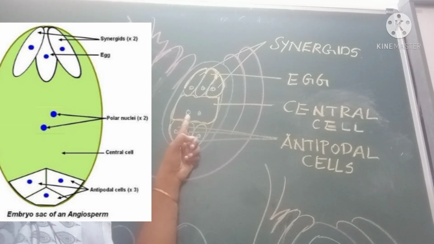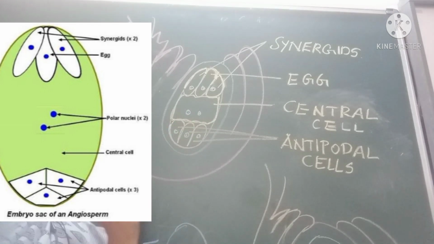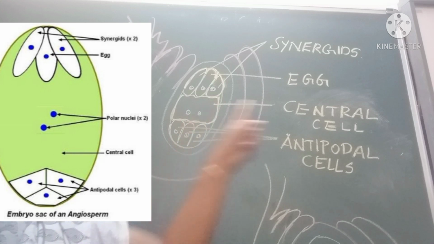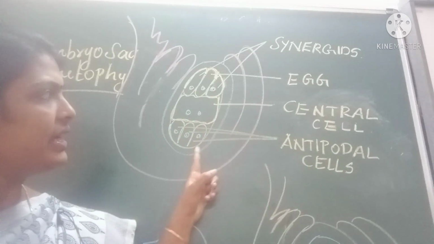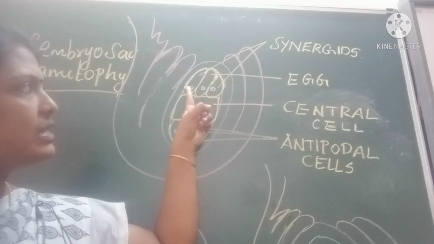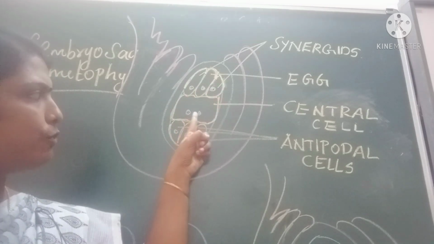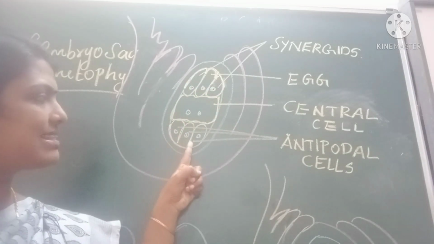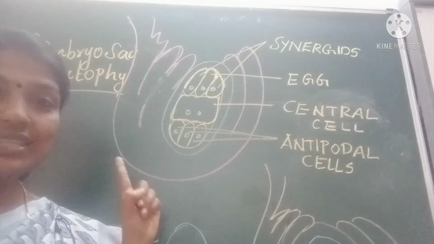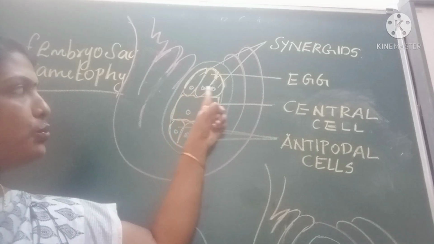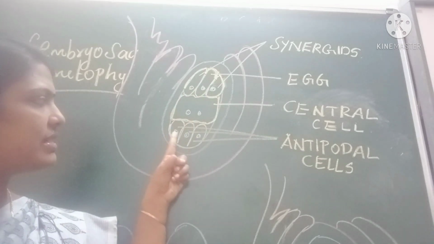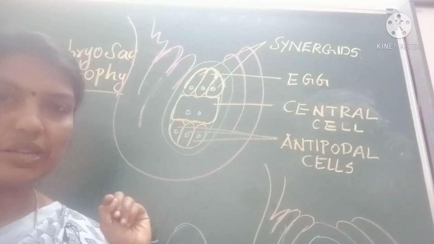Around these polar nuclei 1 cell will form and that cell is called the central cell. So here how many cells can we see? 1, 2, 3, 4, 5, 6, 7. Here we can see 7 cells, and how many nuclei can we see? 1, 2, 3, 4, 5, 6, 7, 8. 8 nuclei.